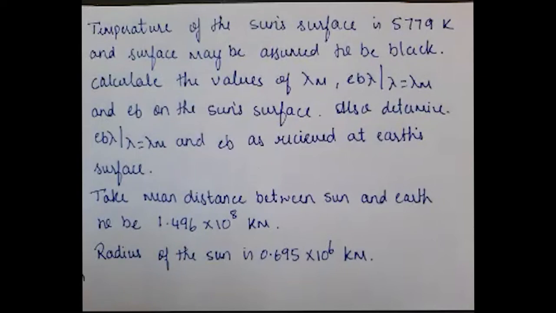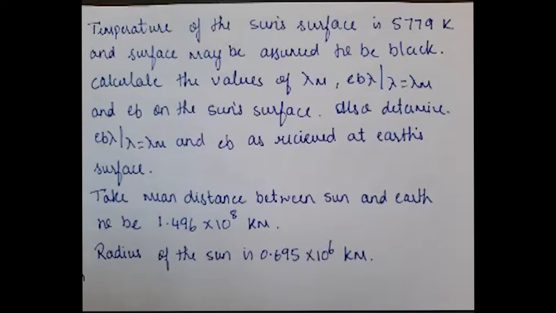So the problem goes like this. Temperature of the sun's surface is 5779 Kelvin, and the surface may be assumed to be black. Calculate the values of lambda m, EB lambda where lambda is equal to lambda m, and EB on the sun's surface.